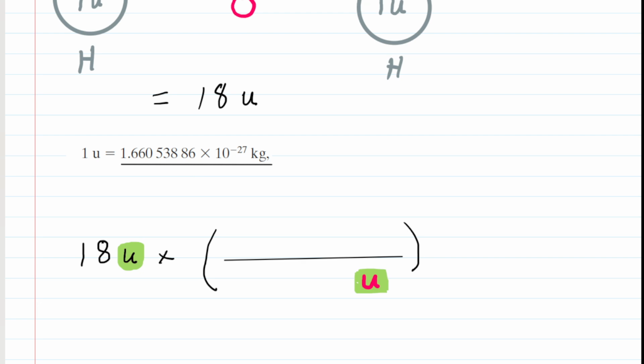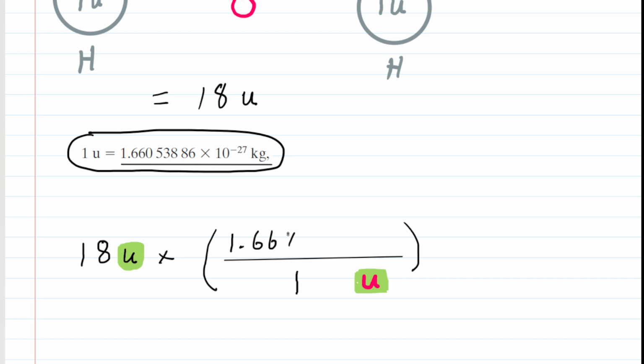And so now we look at the conversion factor right here, and we can see that one atomic mass unit, we'll put a 1 here, is equivalent to this, again, very tiny number of kilograms. We probably don't have to write down every digit. Why don't we just do 1.66 times 10 to the negative 27, and then this is kilograms. So the atomic mass units will cancel out, as noted earlier, and that's going to leave us with an answer in terms of kilograms.